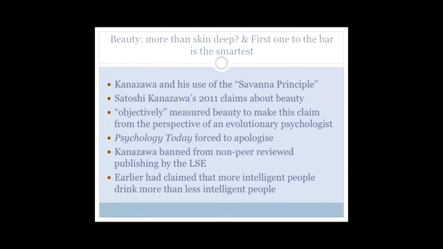There are still vestiges, although Psychology Today has done their best to remove the experiment that he conducted upon race. And it has to be said, well, you know, LSE said you're not to publish in anything other than peer-reviewed journals, but just get on with doing what you're doing. That's okay, as long as you don't cause embarrassment.